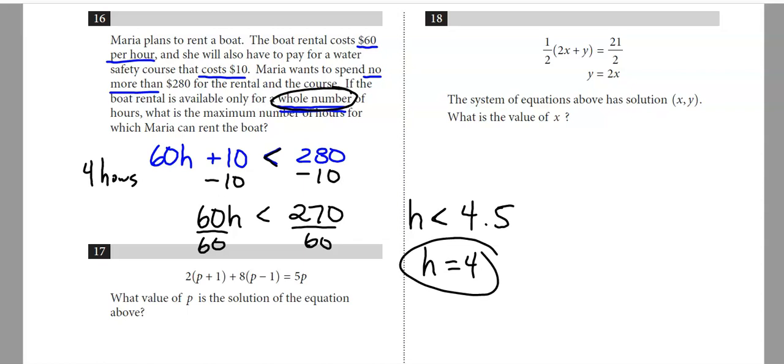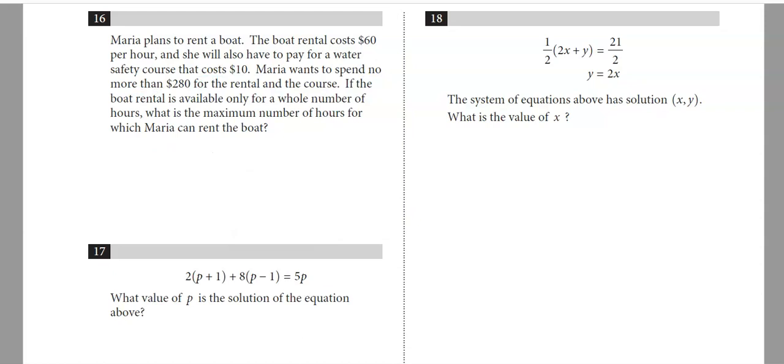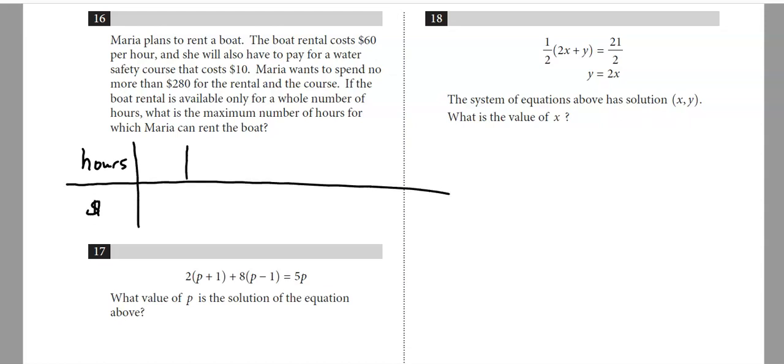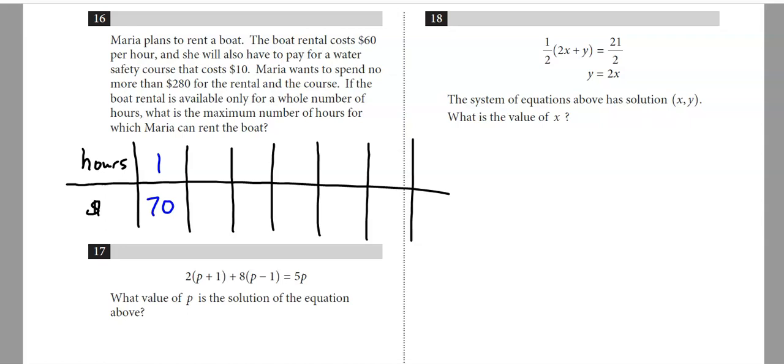Now, if you don't like that inequality setup, which I get, you could also set up a table. You could say, here's hours, here's dollars, and let's just run this out for a little while. The only drawback to the table method is hopefully we don't have to go too far. At your first hour, you rent it for 1 hour, so your cost is going to be $60 plus the 10 for the course, so you're up at 70. If you go 2 hours, that's $120 plus 10 for the course.